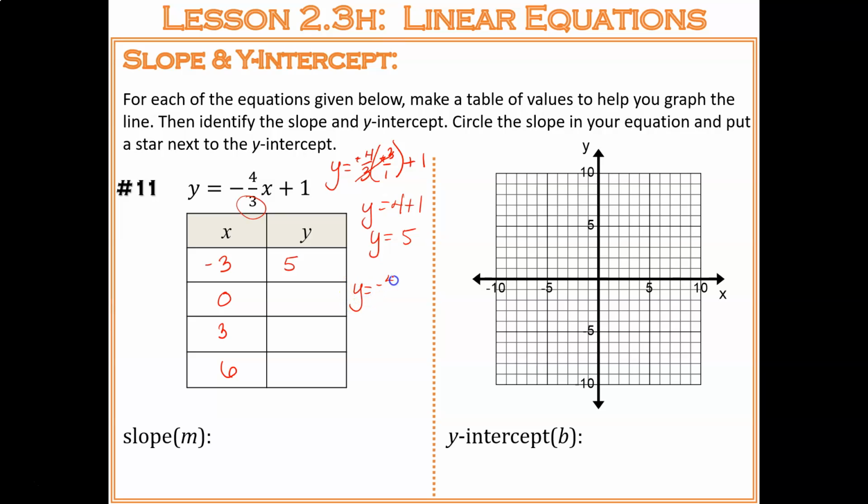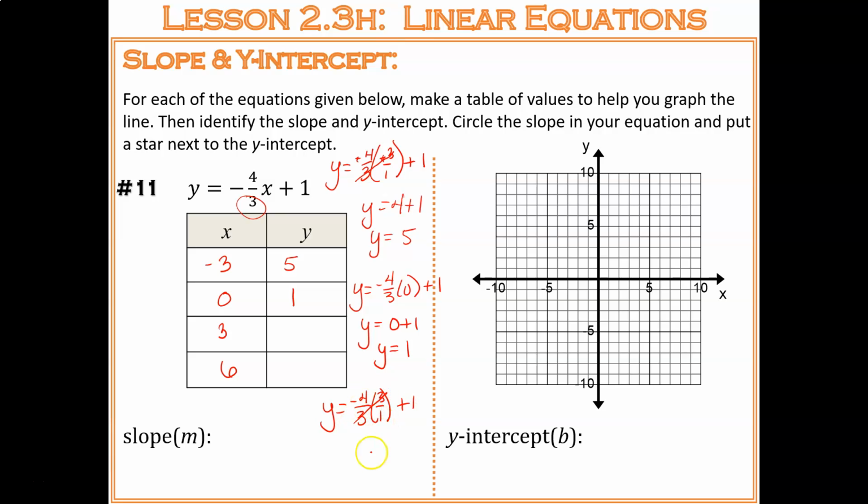Okay, so now let's plug in 0. Y equals -4/3 times 0 plus 1. -4/3 times 0 is 0 plus 1, so y is 1. Now let's put in positive 3. Y equals -4/3 times 3/1 plus 1.